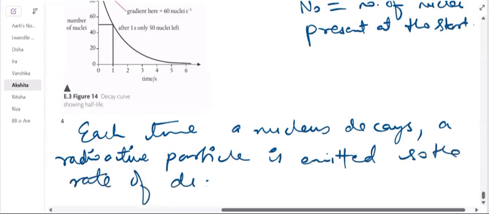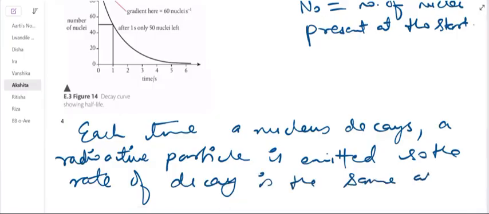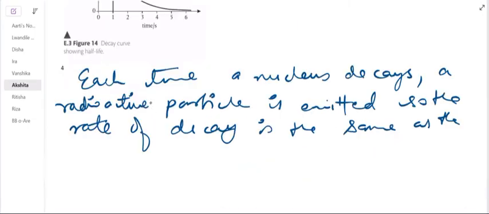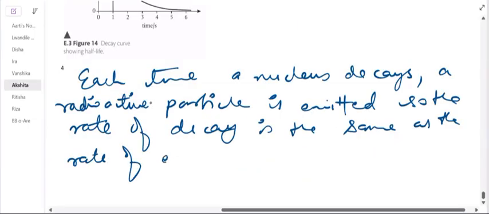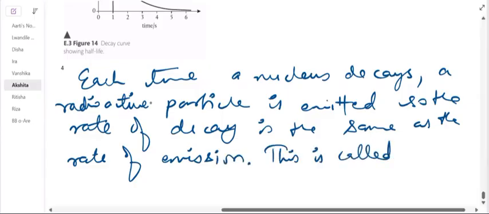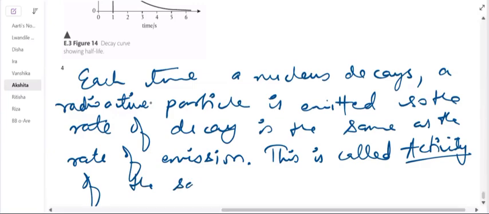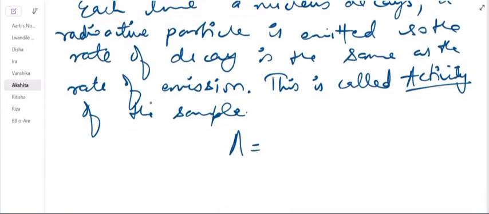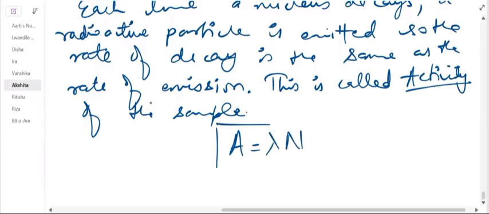So the rate of decay is the same as the rate of emission. So this is called the activity of the sample, and it is measured as A equals lambda times N.